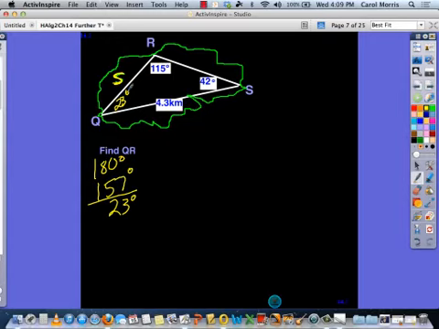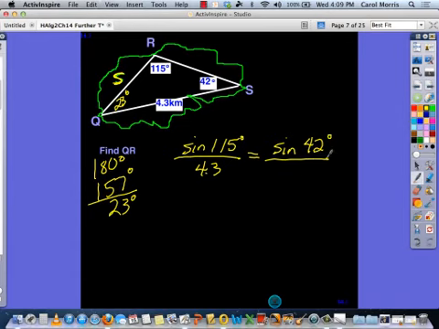So here we go. We want the sine of 115 is to its edge, 4.3, and yes, it's kilometers, but we don't need those in the mix here now. And the sine of 42 is to its edge, which was QR, the unknown, which we called S. So again, cross products again.